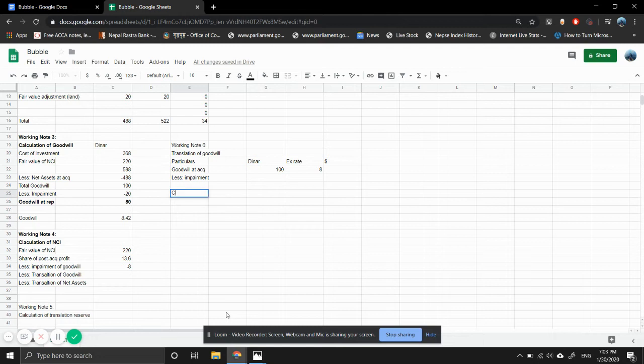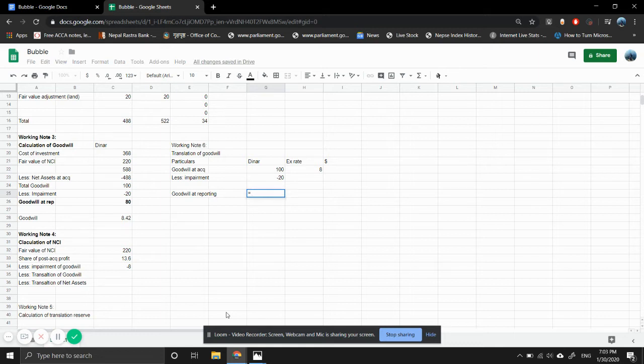Then closing, or goodwill at reporting. So this is equal to this figure, right?